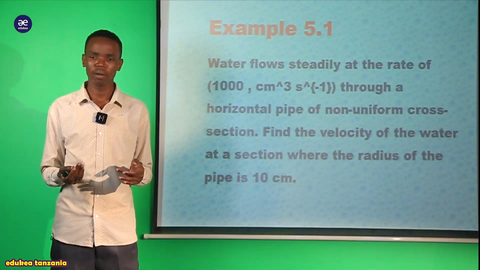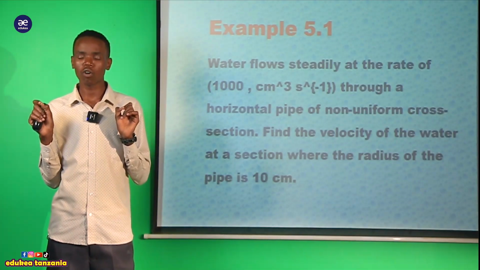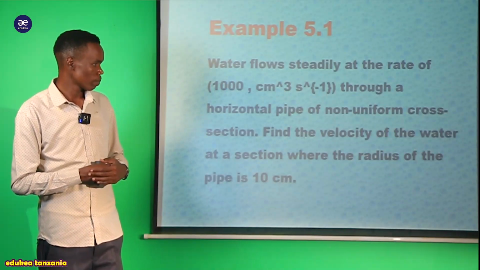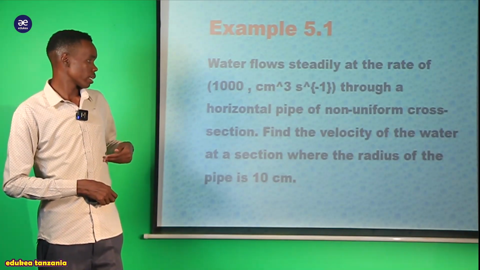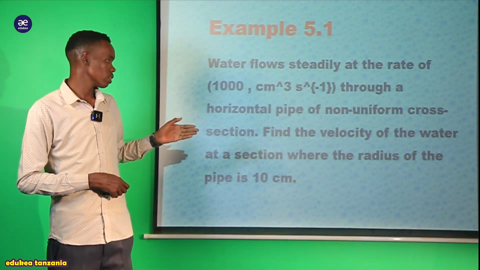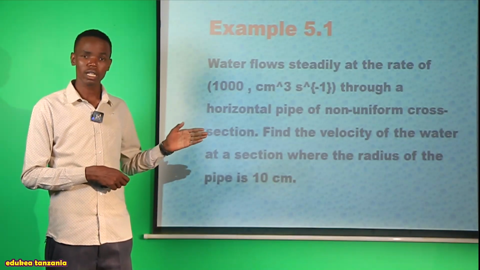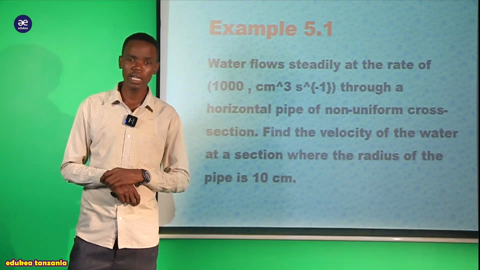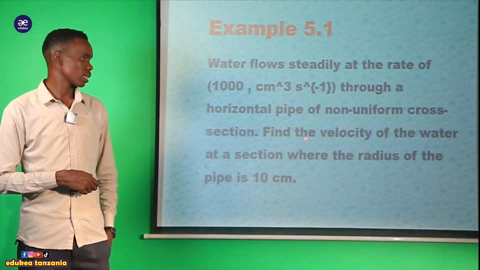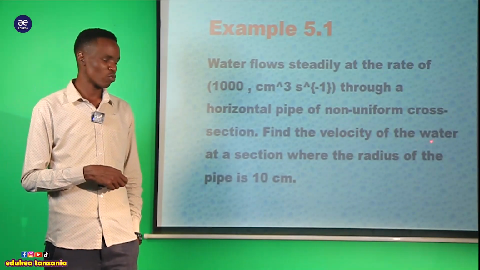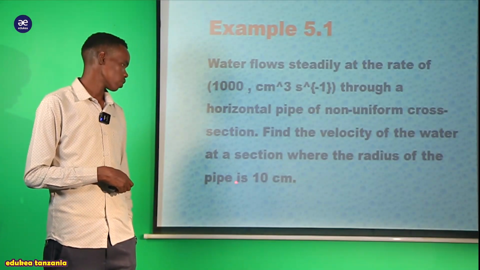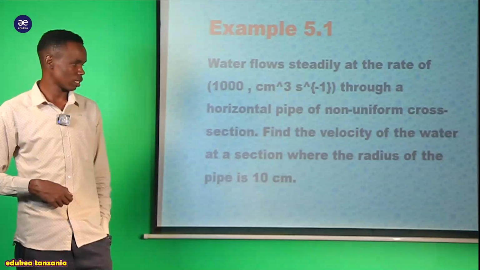Na ile pipe sasa ina contain a rate of flow of the volume. That is what we have been given here. So the cross-section here is non-uniform, but we are required to find the velocity of the water at a section where the radius of the pipe is 10 centimeter.